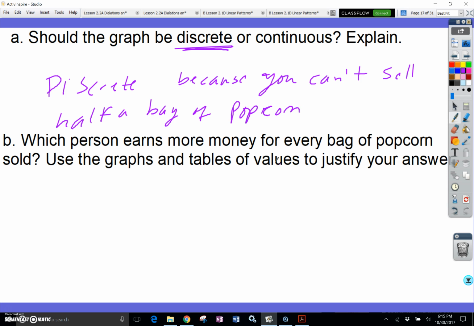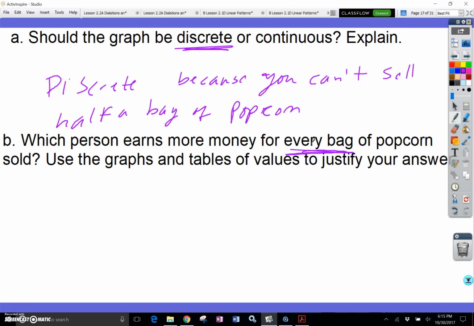Which person earns more money for every bag of popcorn sold? Now, it's very important. It's not asking who made more money total. It's asking who makes more money for one bag of popcorn they sell. They both get $2 for every one bag of popcorn.